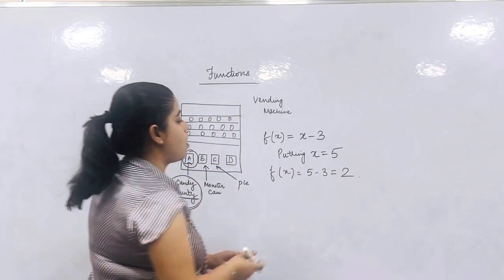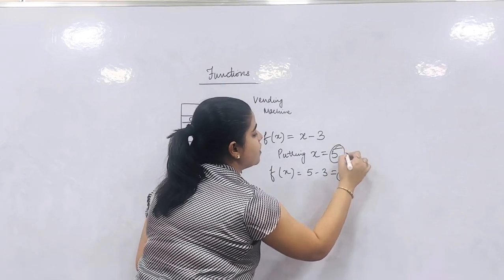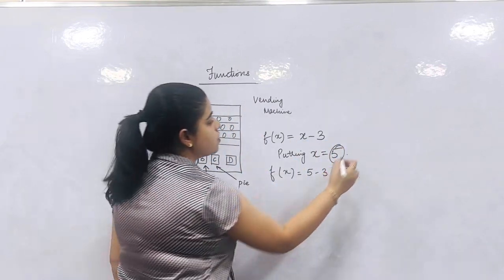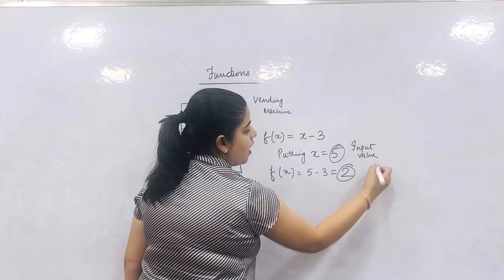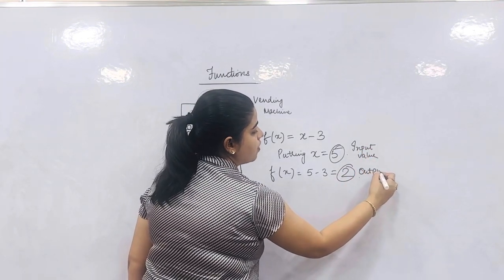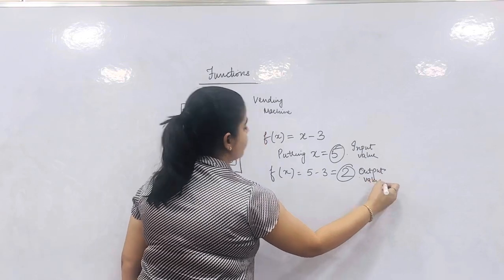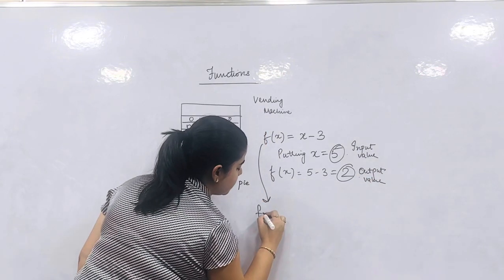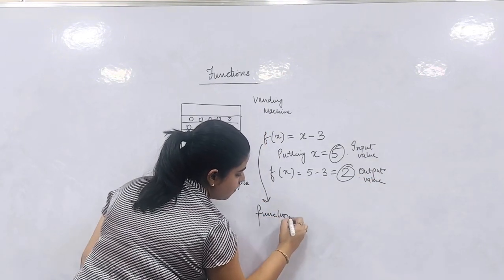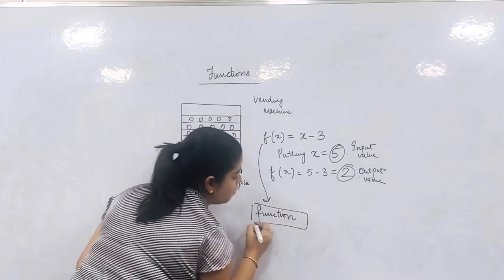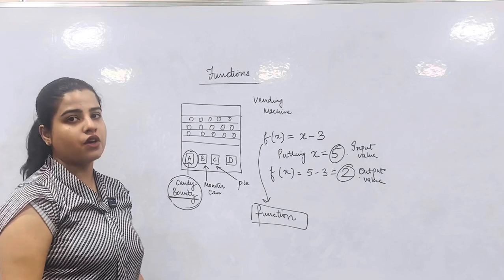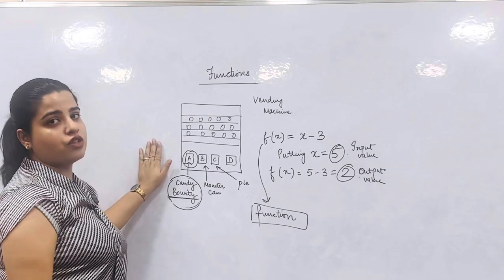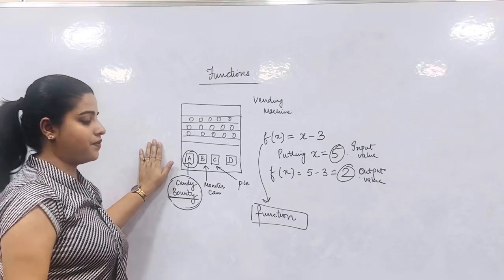So 2 is your output and 5 is your input. We can write it like this: this is your input value and this is your output value. And what is f(x)? f(x) is the function, which is acting like a machine in which you'll input something so that you'll get an output. This is the definition of functions.